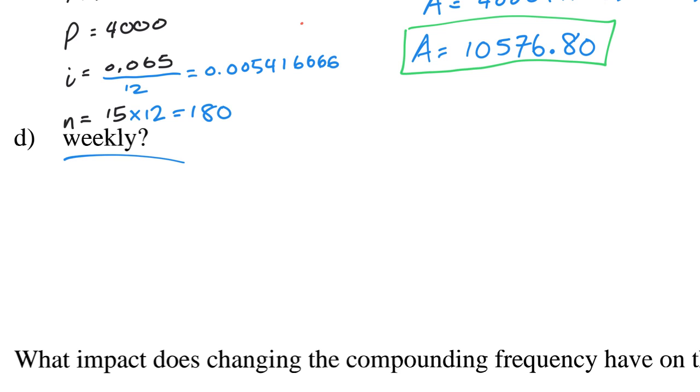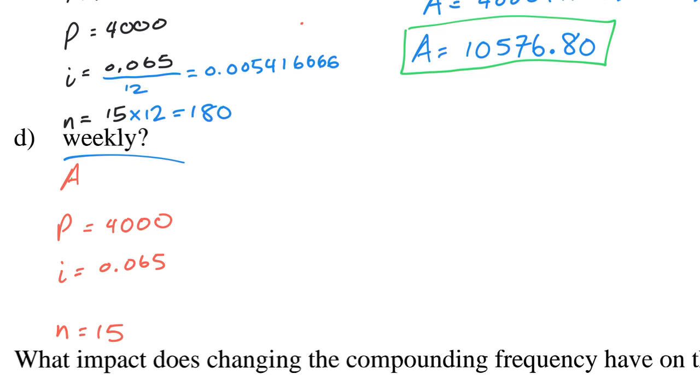Remember, we have our A, our P, our I, and our N. The P is still 4,000. The interest rate is 0.065, and the number of years is still 15, right?